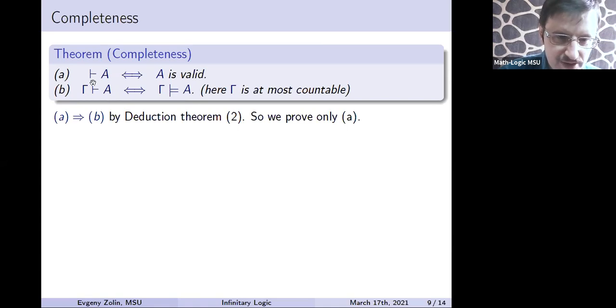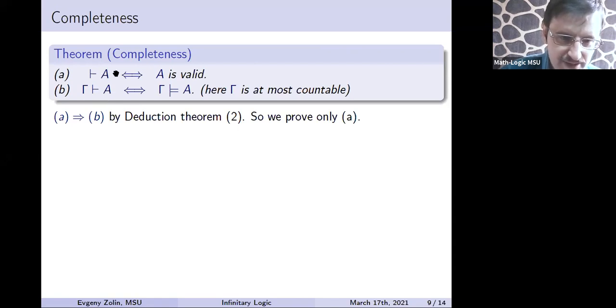Indeed, assume we can derive A from gamma. Then we can derive A from the conjunction of gamma. By the deduction theorem, we can move this conjunction to the right and obtain that the formula conjunction gamma implies A is derivable in our calculus.